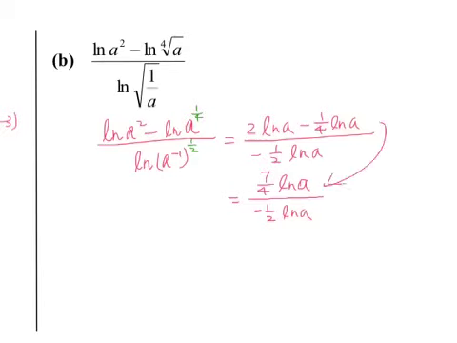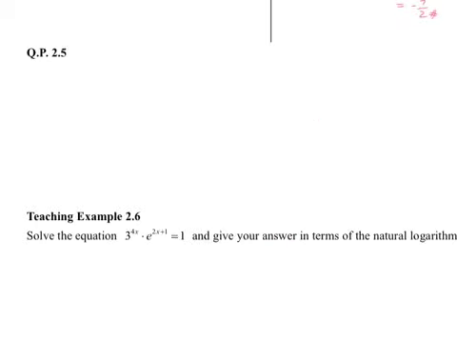Now we can cancel this part. The cancellation. This one equals 7/4, and then times negative 2. So it's equal to negative 7/2. Okay, finish. Now your turn to do QP 2.5.